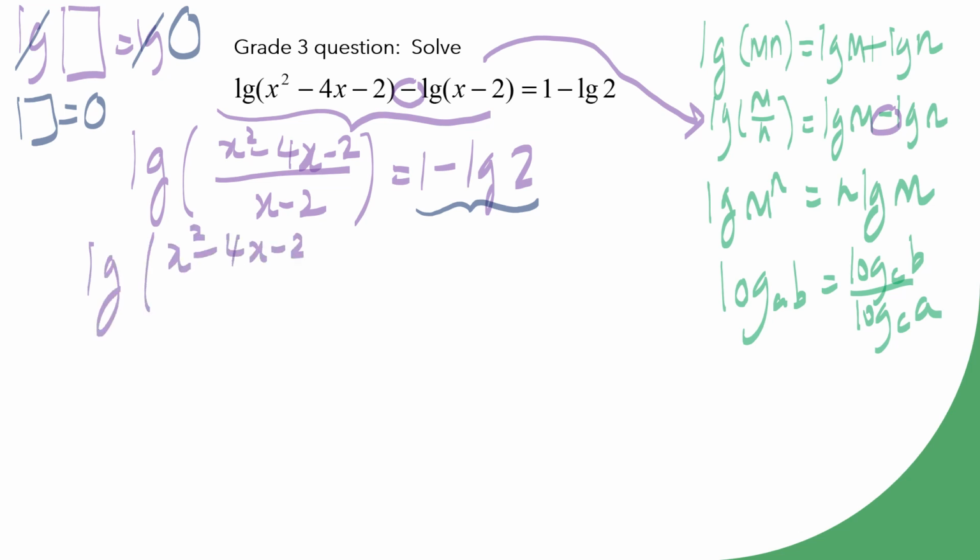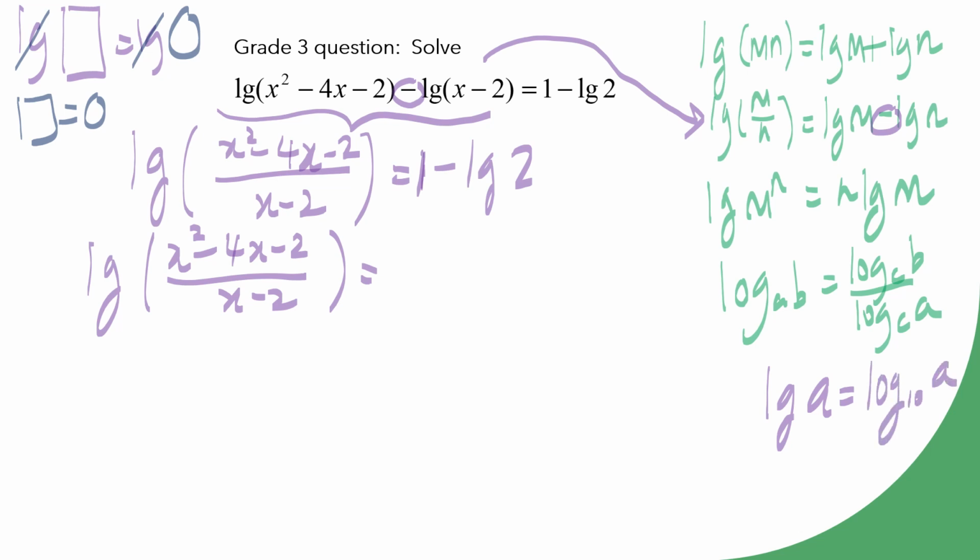So how do you think we can do that? Yes, we can do that by introducing a log. That means, what can I replace 1 with? Remember, LG is log base 10.